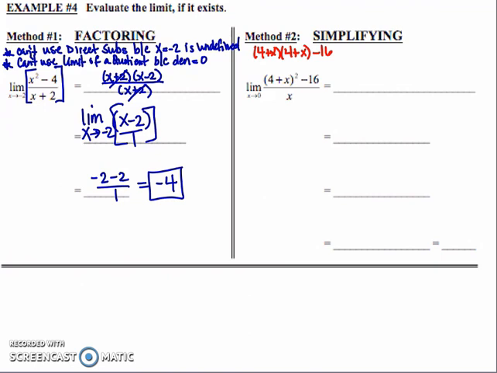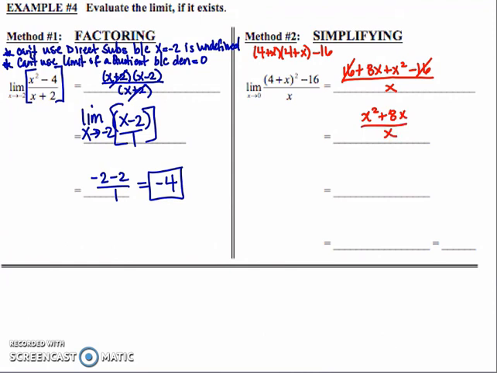If we were to FOIL that out, we would end up with 16 plus 4x and 4x, which would give us an 8x, plus x squared, and then minus 16. And again, that's all over x. Right away, we can cross out the 16 and the -16. Then, if we put our terms in descending order, we're left with x squared plus 8x over x.